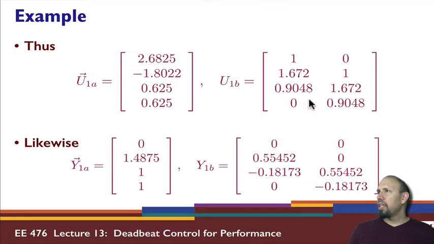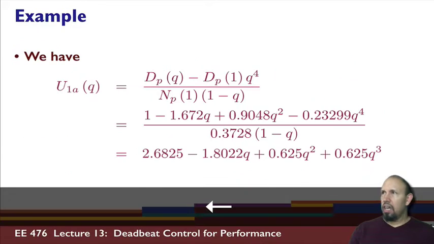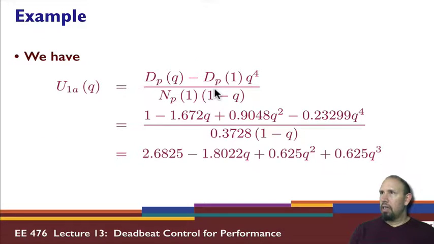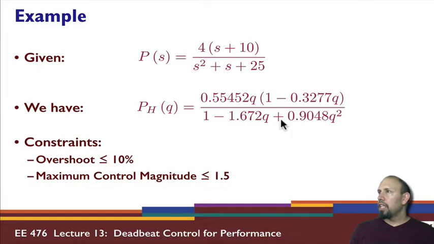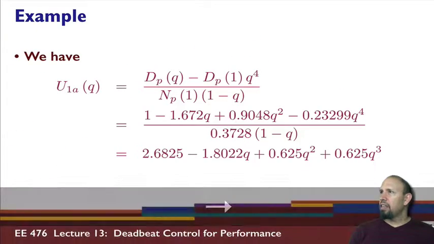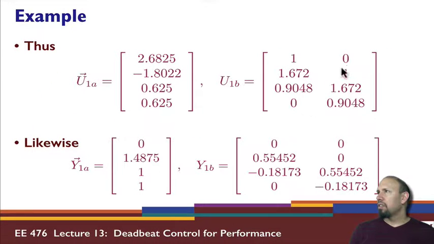U1B is given by this expression, expanded two times. Similarly, I can find my Y1A and my Y1B, and I showed the formula for how to obtain those. Here are the matrices for that particular problem.